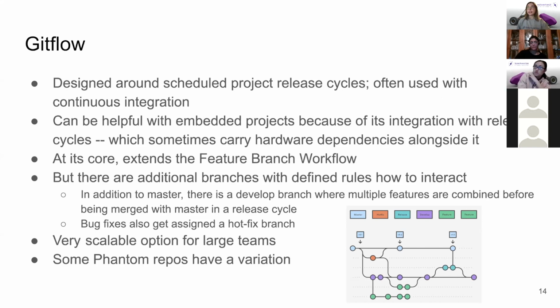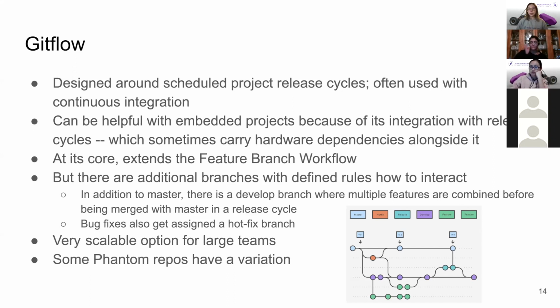It's largely designed around scheduled project releases, and is often used in combination with continuous integration, which we're not going to touch on today. But for example, in the case of Team Phantom, this might be applied in such a way that the scheduled project release is when we have to have the car finished by. And so in such a situation, we could end up using it.